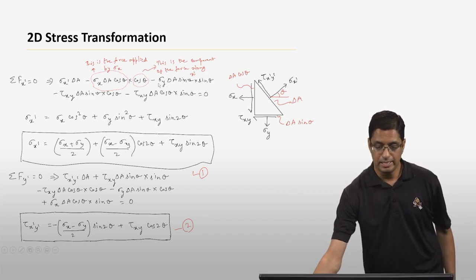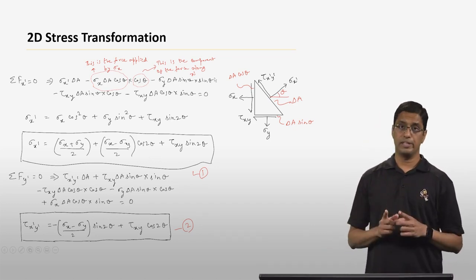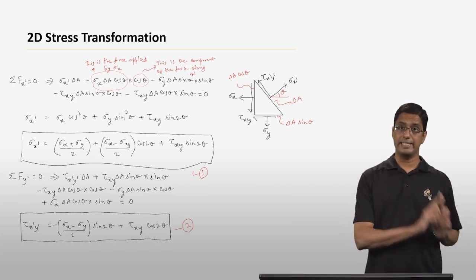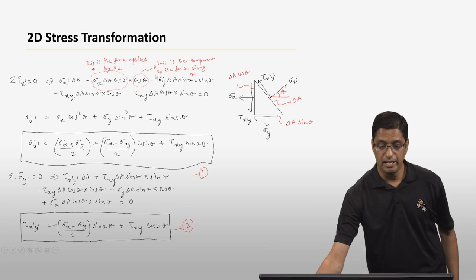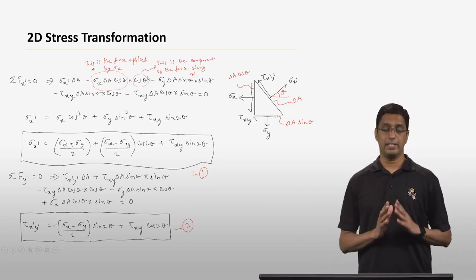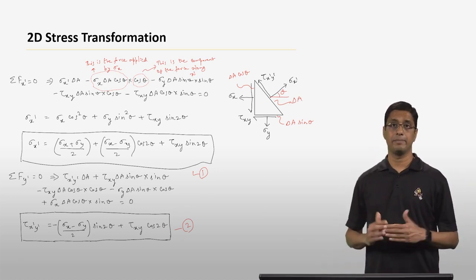So you have sigma y times delta A times sine theta times sine theta. Okay, so that is the second term, and remember both these forces are in the minus x prime direction, and that is the reason why you have a negative symbol in front of them. So that is the contribution of sigma x and sigma y.